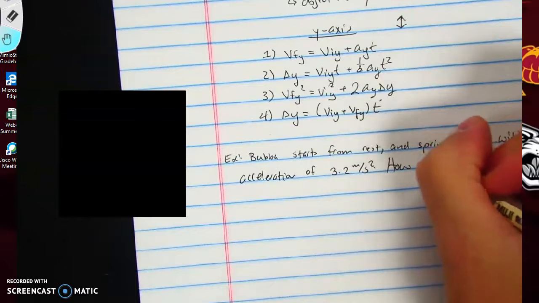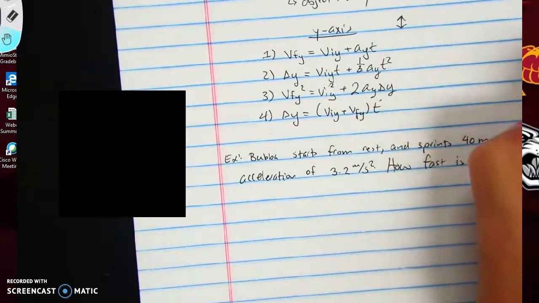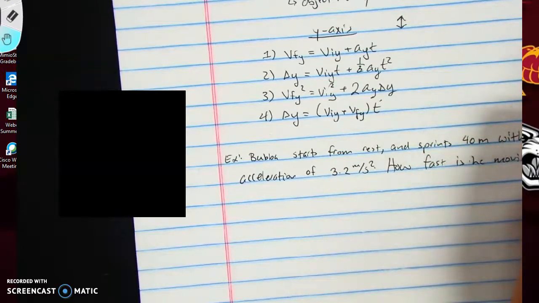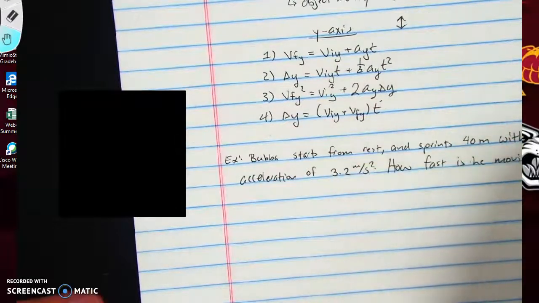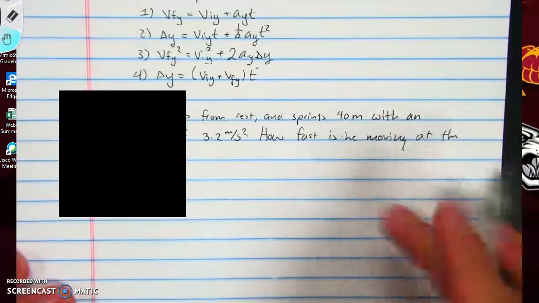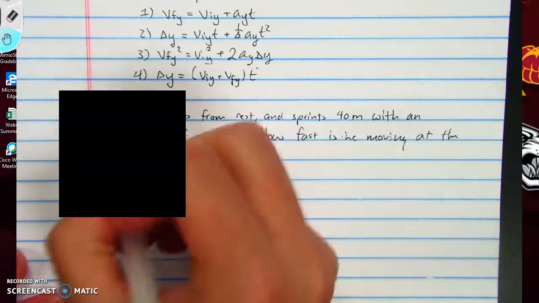How fast is he moving at the, oopsies, lost the screen. Sorry, how fast is he moving at the 40-meter mark?